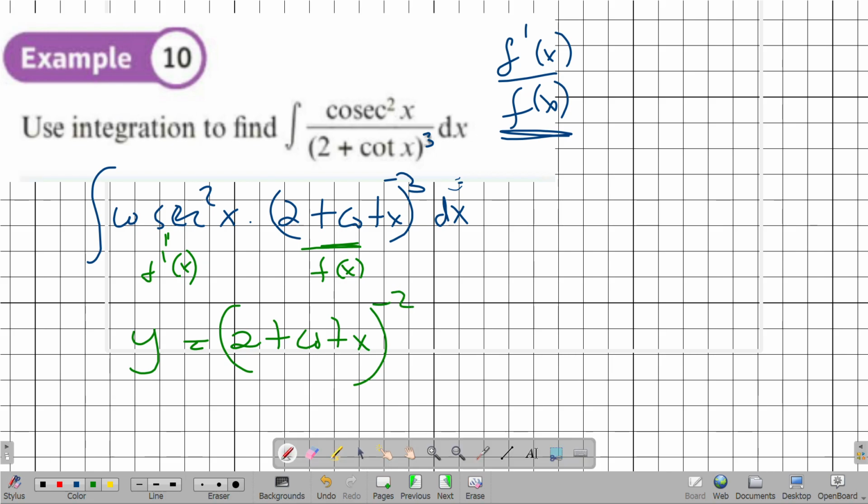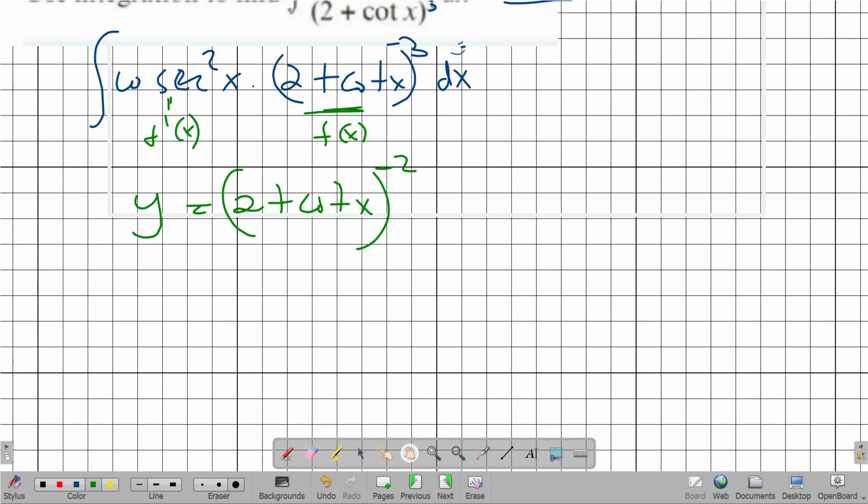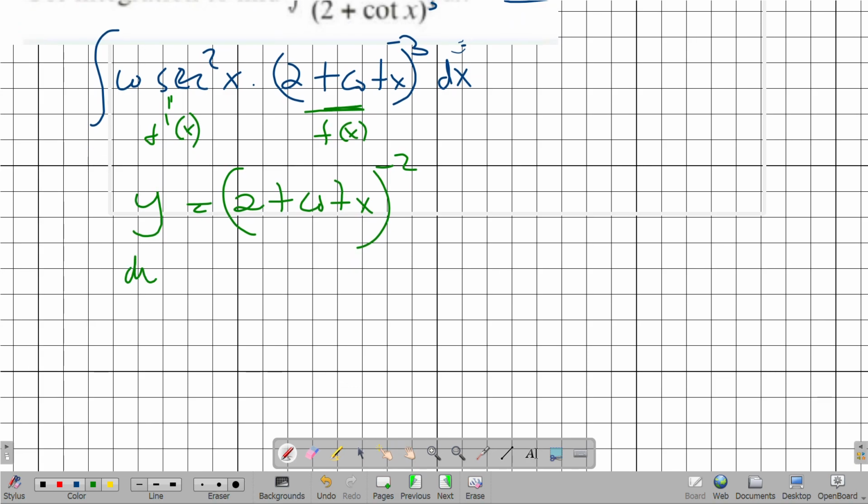And you can see that dy over dx will be minus 2 times (2 plus cot x), then we subtract 1 and get minus 3.